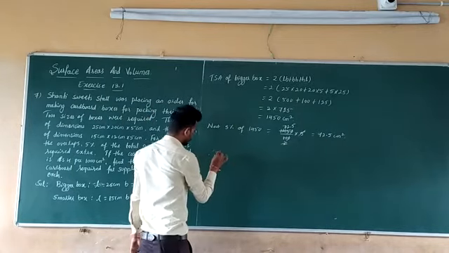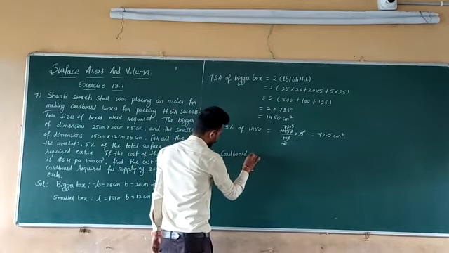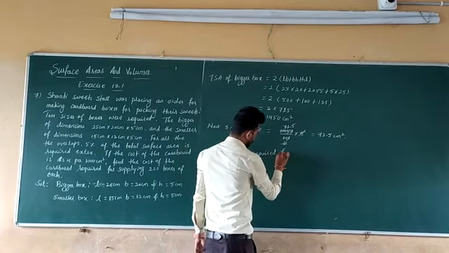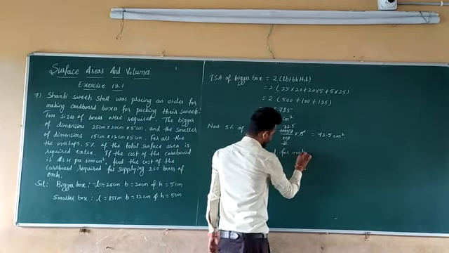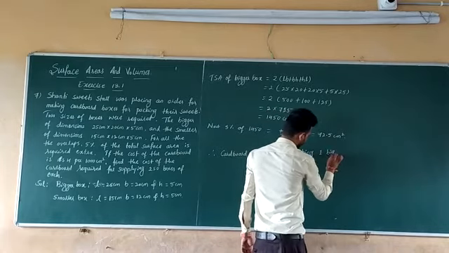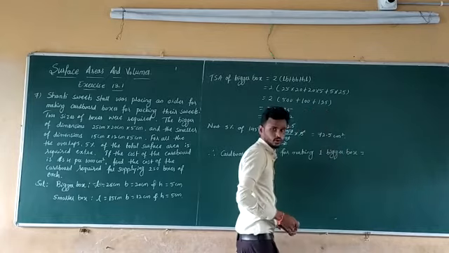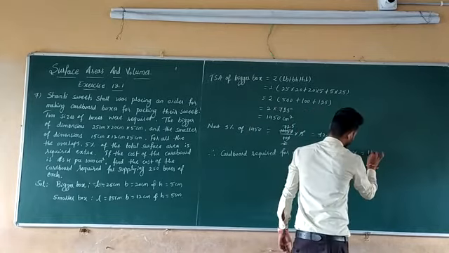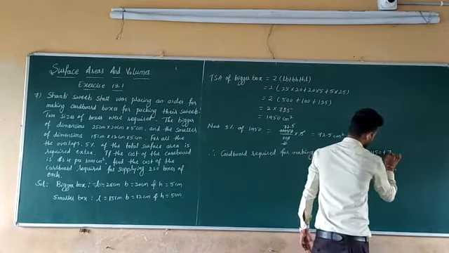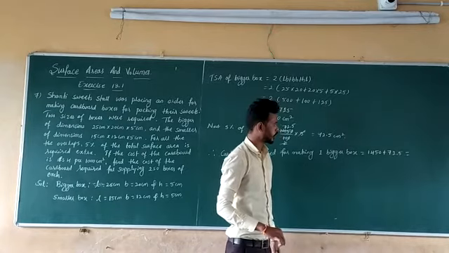Therefore, cardboard required for making one bigger box is equal to TSA 1450 plus 5%, 72.5. So which is equal to 1450 plus 72.5.